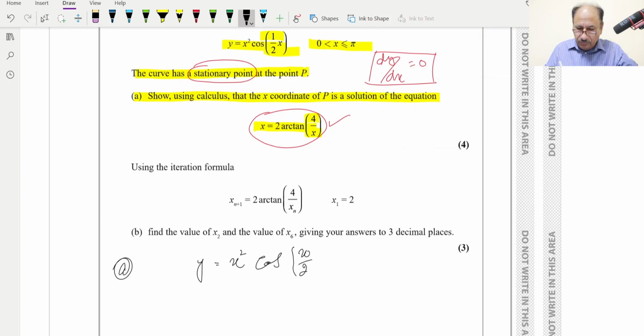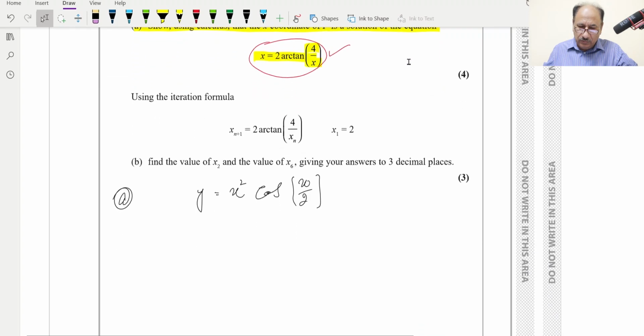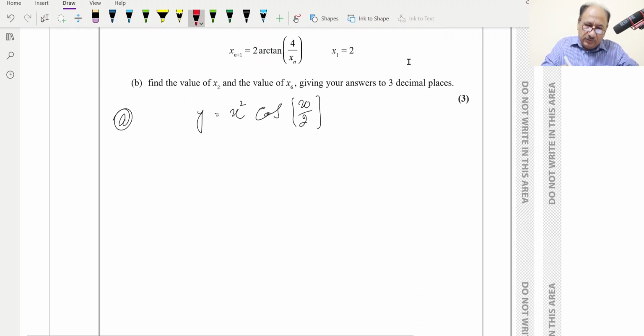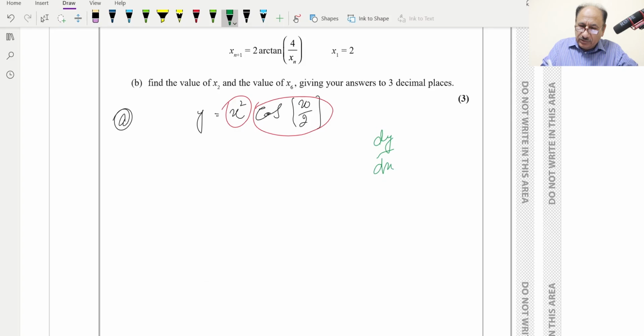This has two variables, one is this and the other is this. In the derivative we use the formula for dy over dx. In the case of the uv format, we write u as it is and the derivative of v, plus v as it is and the derivative of u.